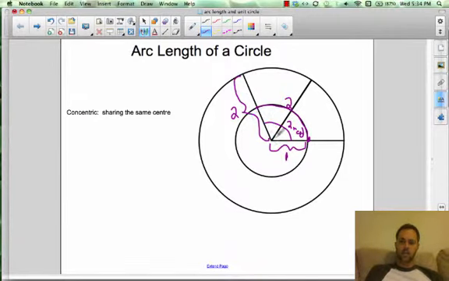It has a radius of 2, and now the central angle is 2 full radians. So we take our central angle in radians and we multiply it by our radius, and that will give us the arc length that goes from here to here along the outside of this larger circle. So in this case, our arc length will be 4.